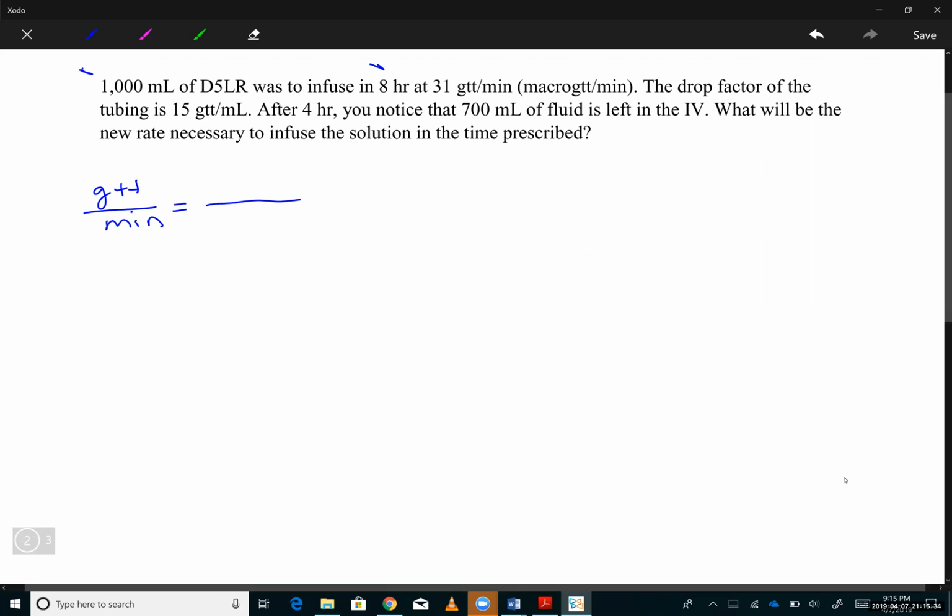We know that our drop factor is 15 drops per 1 mL. mLs must be in the top of the next fraction. We have 700 mLs. That is supposed to be given in 4 hours.